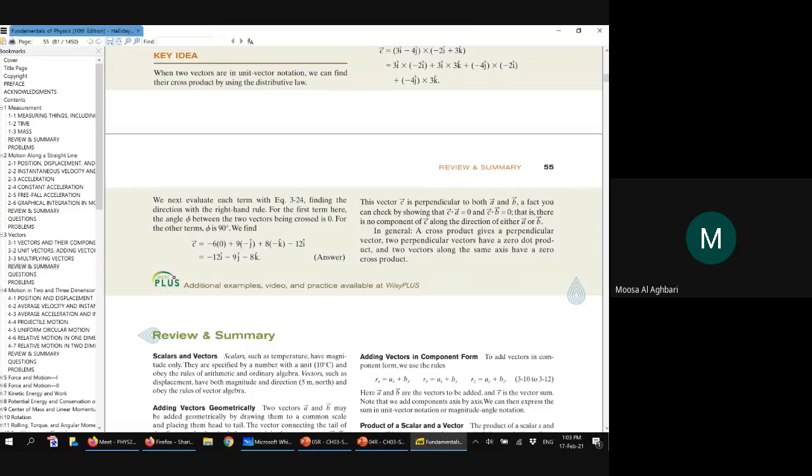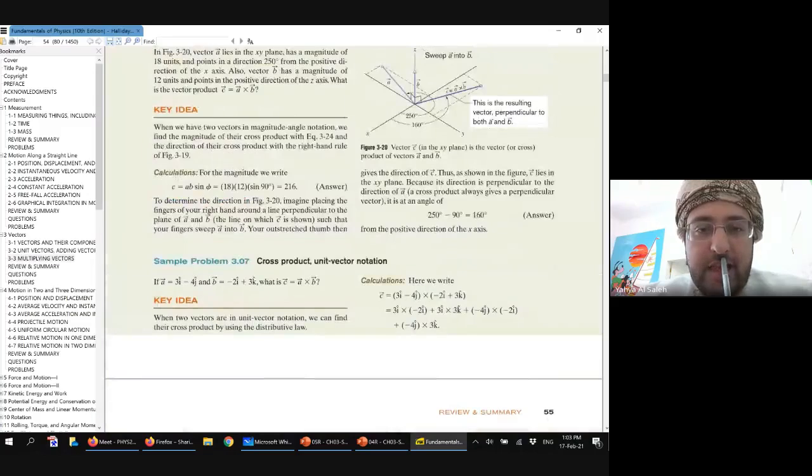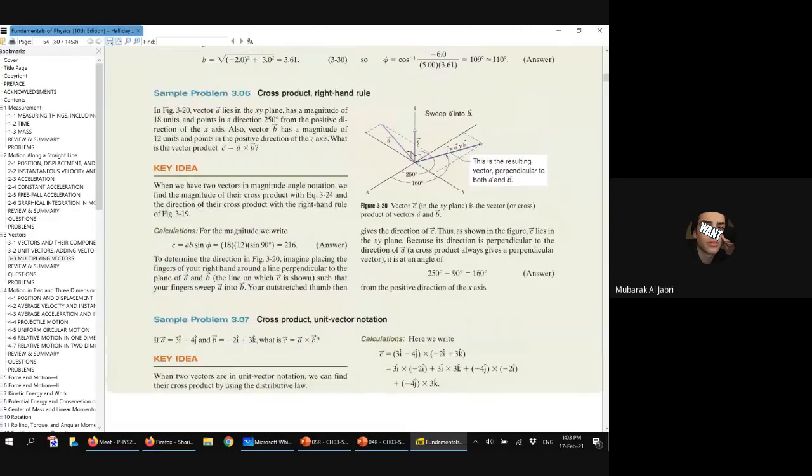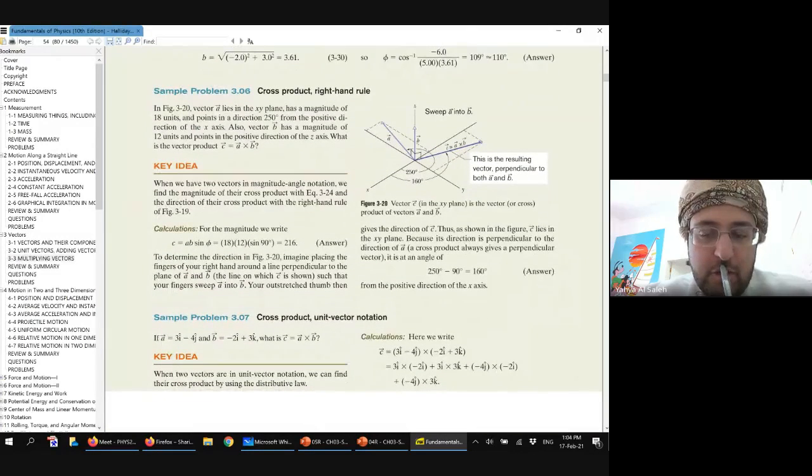Now, someone asked me: you want to find the angle between two vectors. You can use the dot product or the cross product. How?